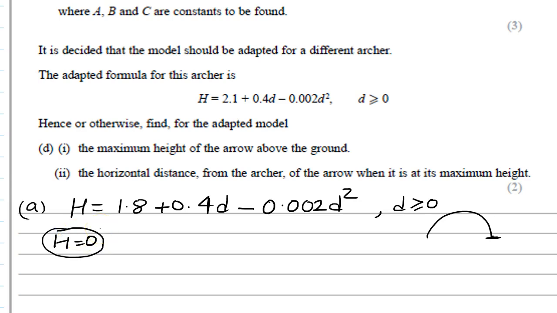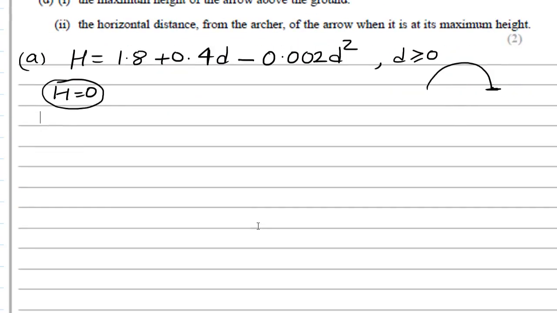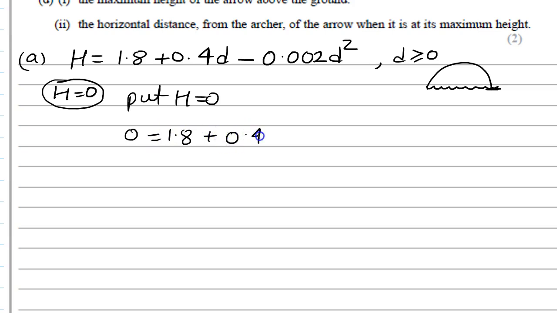So let's put h equal to 0, because it is hitting the ground here, and you need to calculate this distance, right? So 0 equals 1.8 plus 0.4d minus 0.002d squared. Okay, so let's rearrange this. I have put an extra 0 here, so let me rub this.